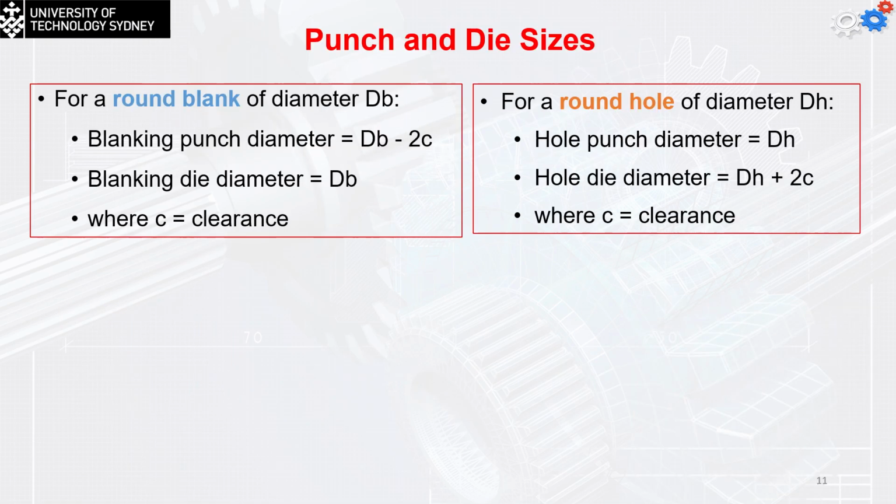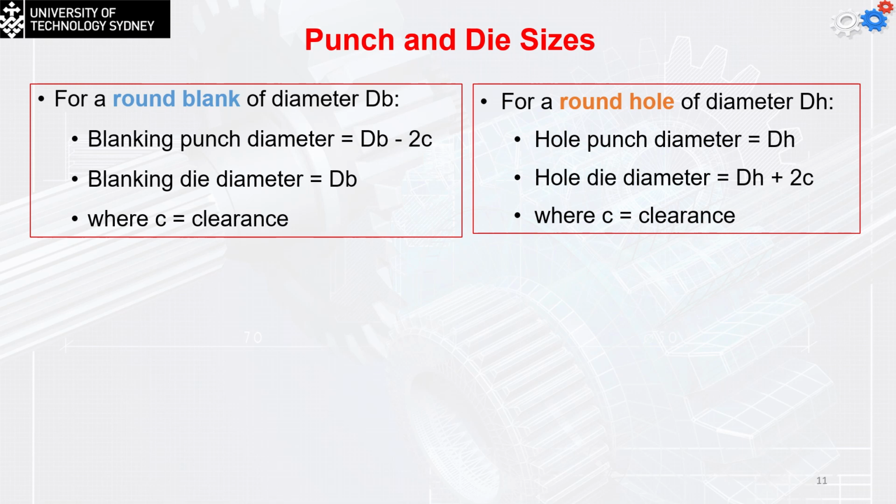For the punch and die sizes for a rounded blank, usually Db is the diameter of the blank. The blanking punch diameter is equal to the diameter of the blank itself minus 2 multiplied by the clearance. So the blank punch diameter is going to be slightly smaller than the round blank diameter.